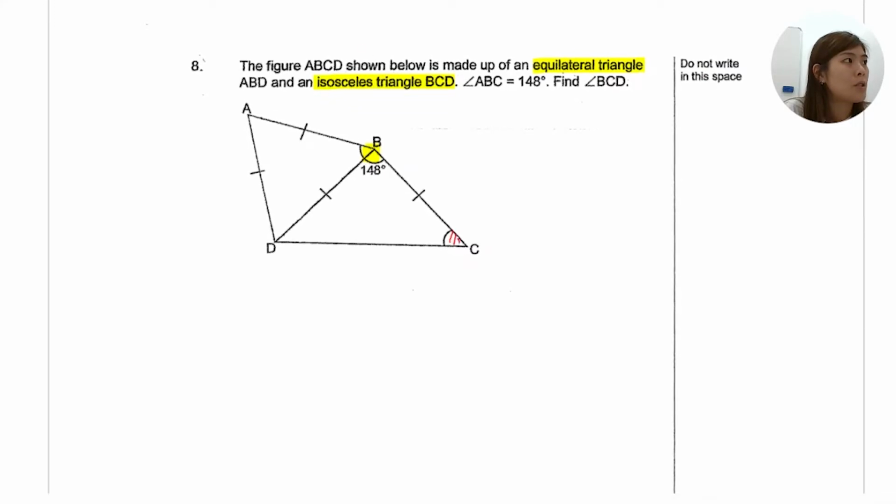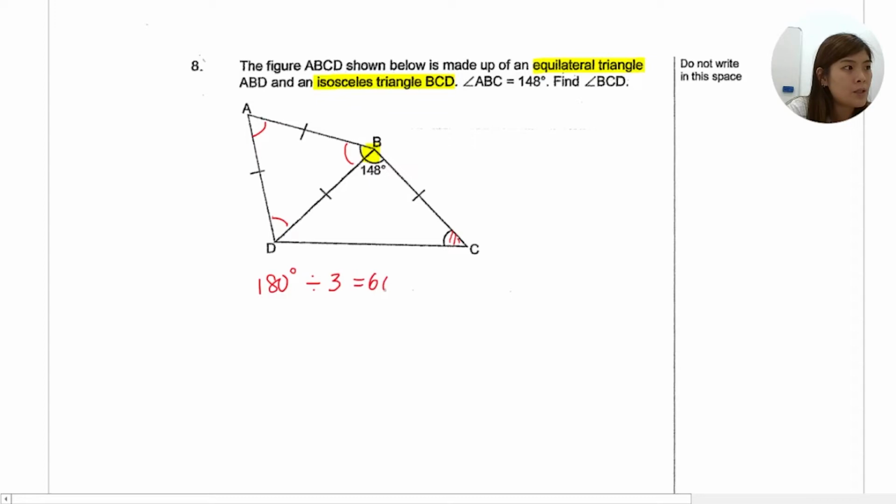With the information given above, equilateral triangle basically means that each side has the same angle. A triangle is 180 degrees, so each angle will be 180 divided by 3, 60 degrees.